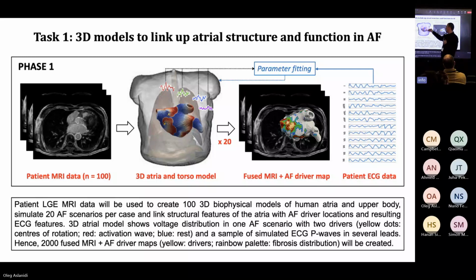So you create the heart plus torso model, and you link up activity in each patient's heart with a specific pattern of ECG. For each of these patients, we also have ECG recordings, so we can actually validate parameters of the model using patient ECG recordings, so we can fit parameters pretty accurately. And therefore, we can ultimately create fused data sets which contain images and model predictions per patient. And we can use augmentation techniques to create thousands of these data sets.